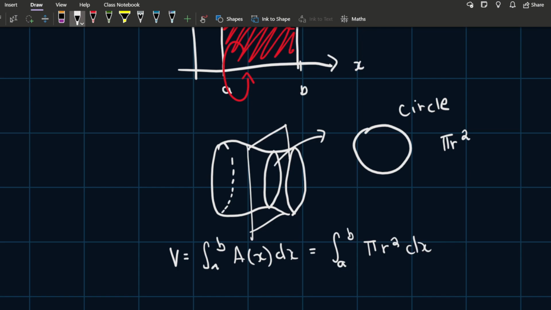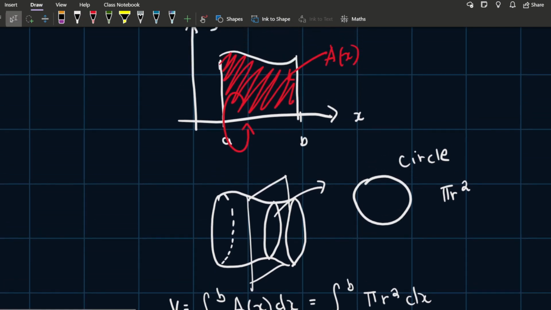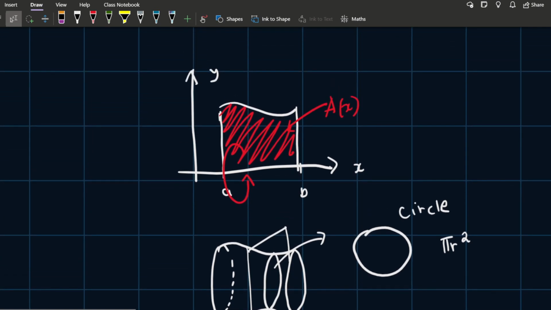But now, we want to get the value of r, or we want to get the radius of this one. Kung babalikan natin yung kanyang graph sa two-dimensional space, technically, yung circle natin would be somewhere here. So this entire thing, ito yung diameter, and yung radius niya would be this part here.